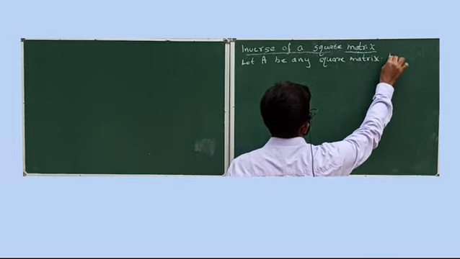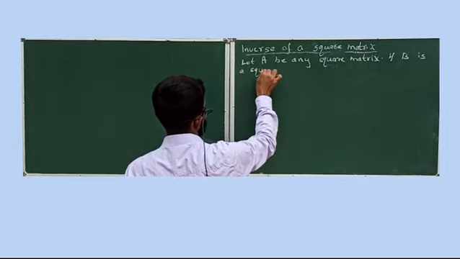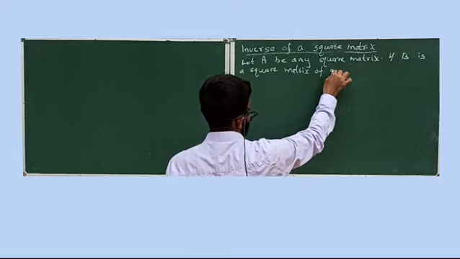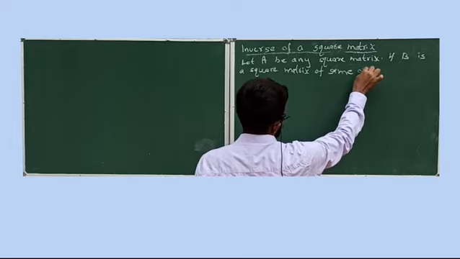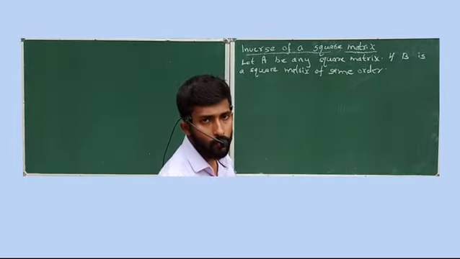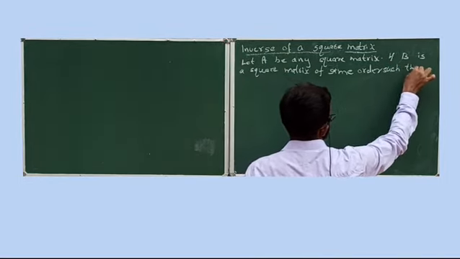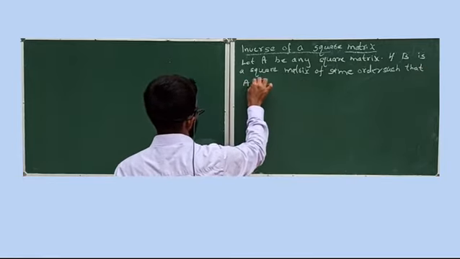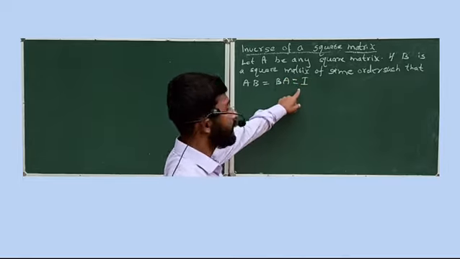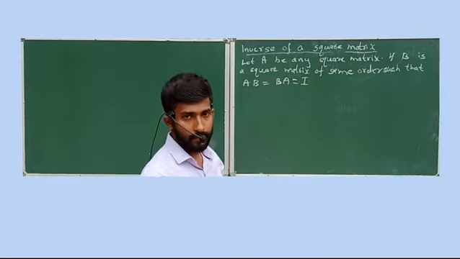Then if B is a square matrix of the same order, that means the order of the square matrix A is equal to the order of the square matrix B, such that A into B is equal to B into A is equal to I, where I means identity matrix.